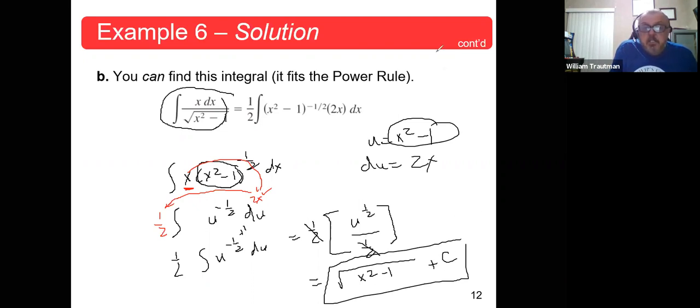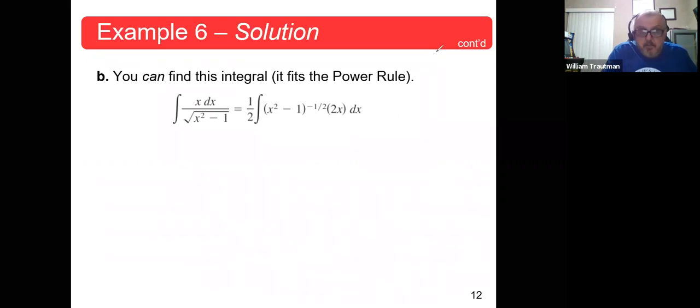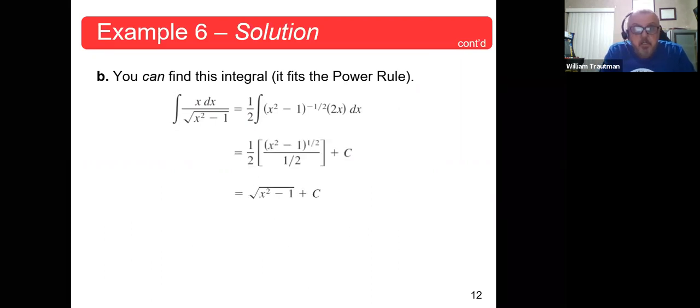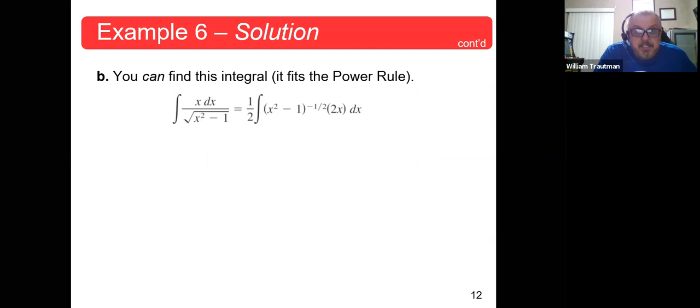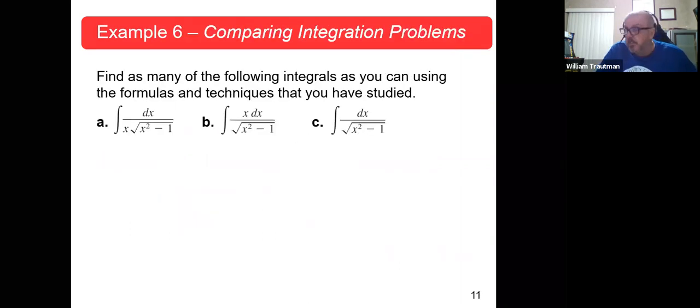All right. Let's take a look at C. So C says you cannot find this integral using this technique. In other words, for C, let's go back up to C to show you what C was. This one, there's not a formula in this section.